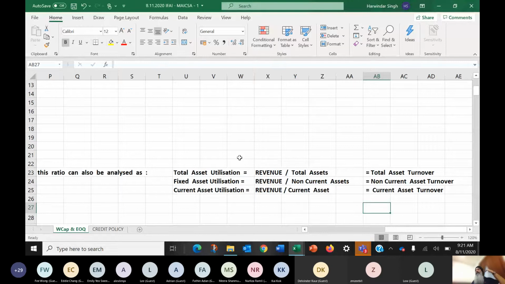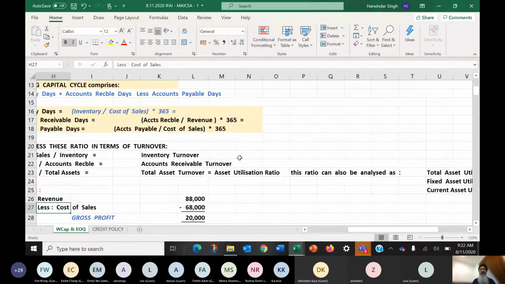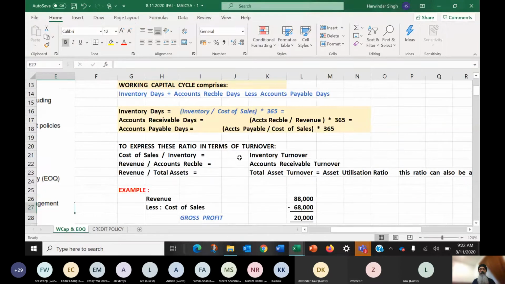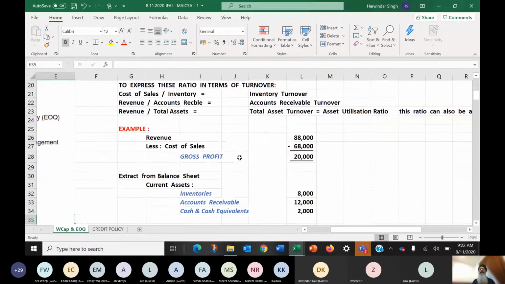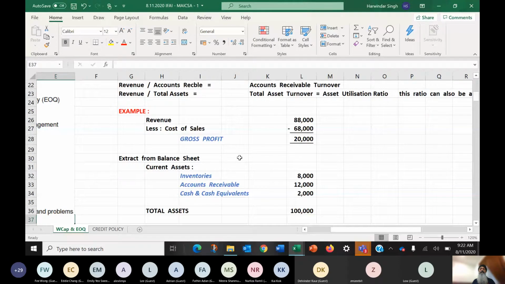Revenue divided by inventory, revenue divided by accounts receivable. But depending on the information, sometimes you may need to just take the cost of sales divided by the inventory. But when it comes to receivables, because receivable means debtors are related to sales, inventory is related to cost of sales.